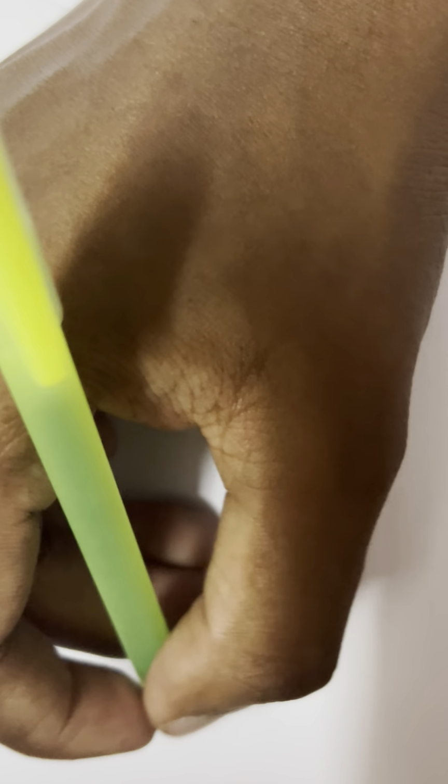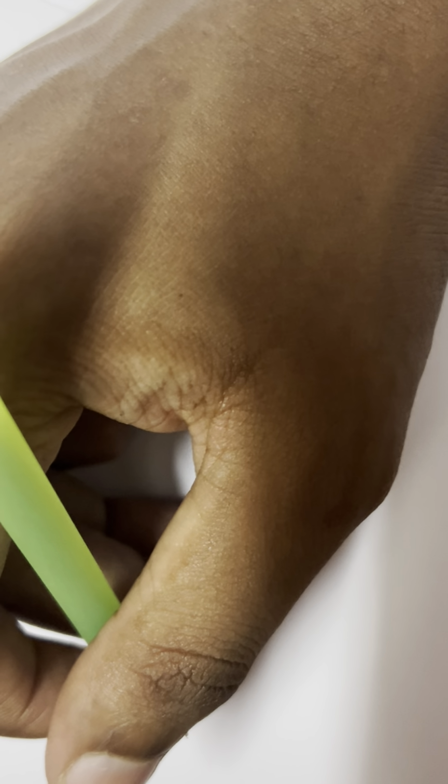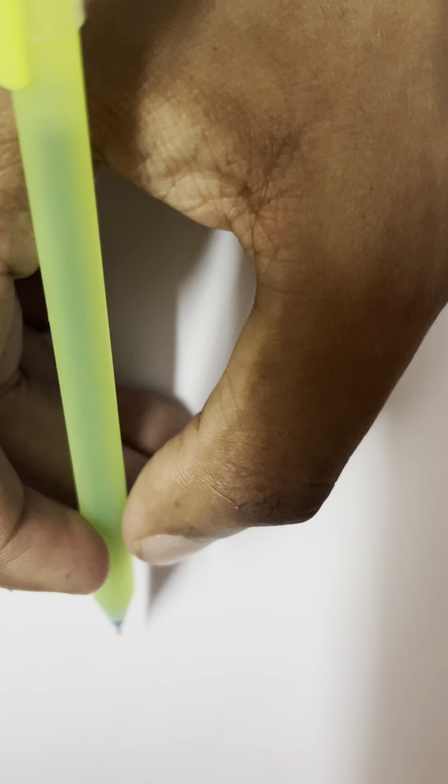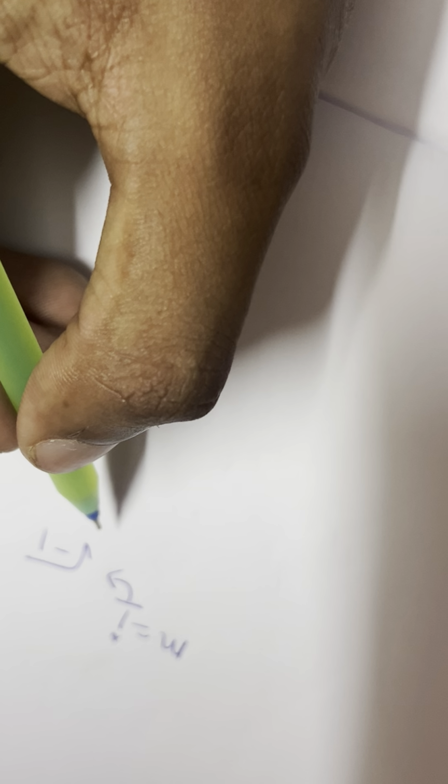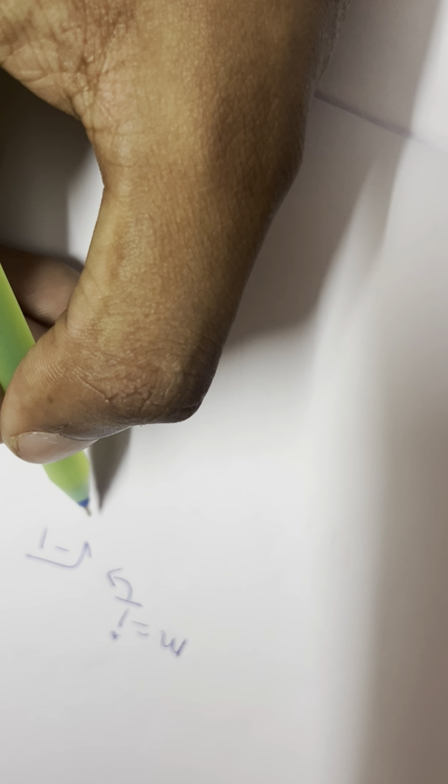So what we have to do is, if we keep the mass as imaginary, m is equal to i, where i is the square root of -1, or if we keep the mass as a negative value, say -2.